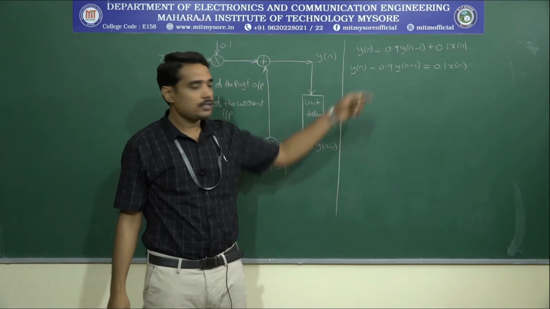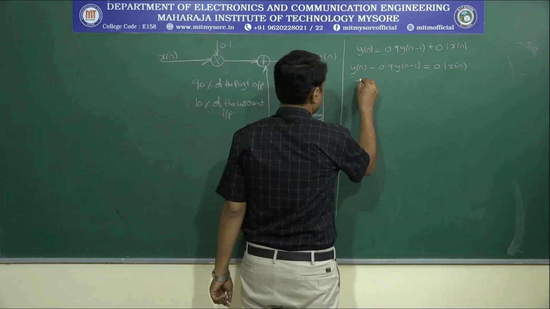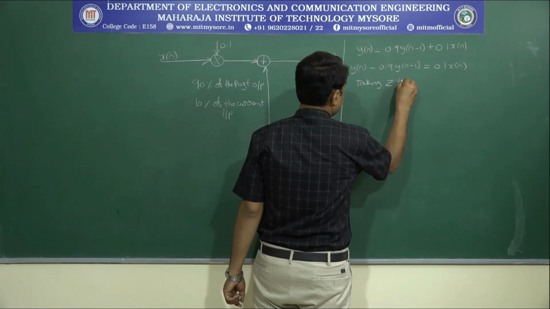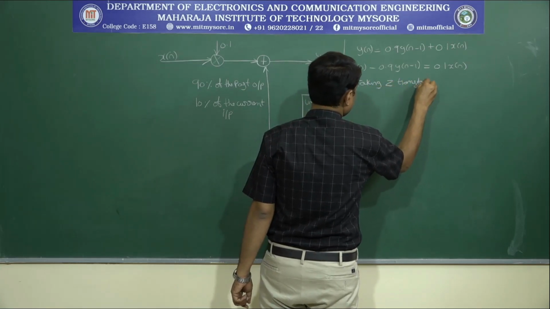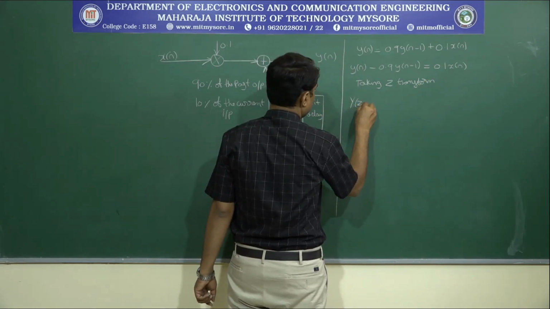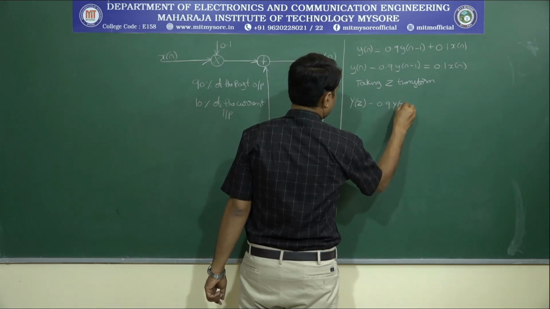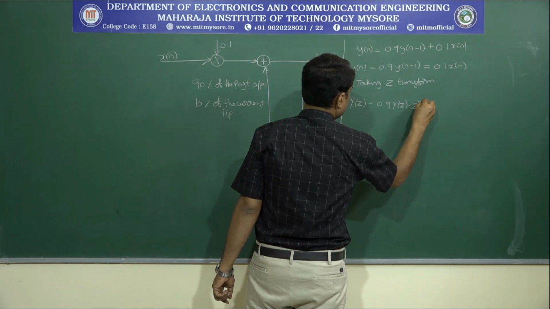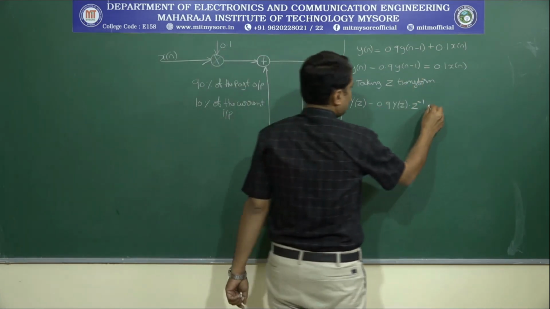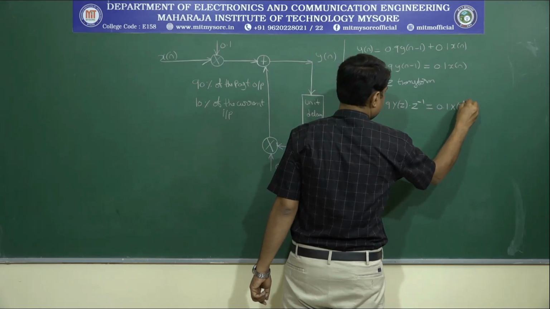Then in the next step, let us take the transfer function, taking Z transform. I can write y of z minus 0.9 y of z into z to the power minus 1 because of unit delay, and that is equal to 0.1 x of z.